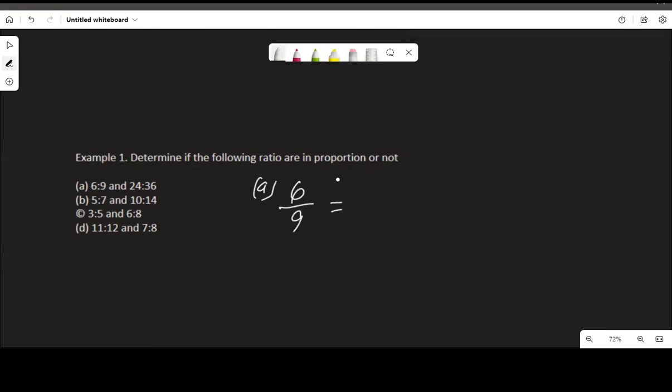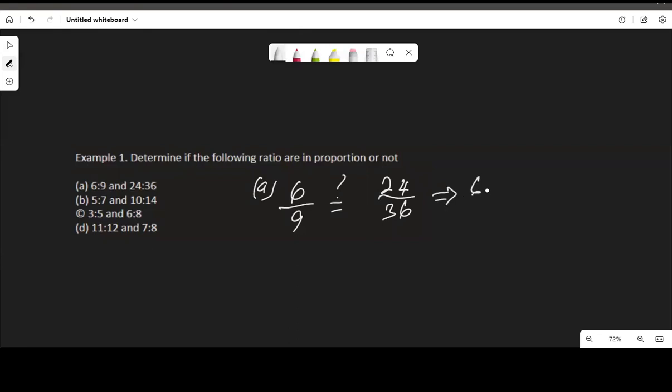Let's assume it is equal to, let me put a question mark on top of the equal sign, because we don't know whether they are equal yet, 24 over 36. I will cross multiply to see whether these two ratios are in proportion.